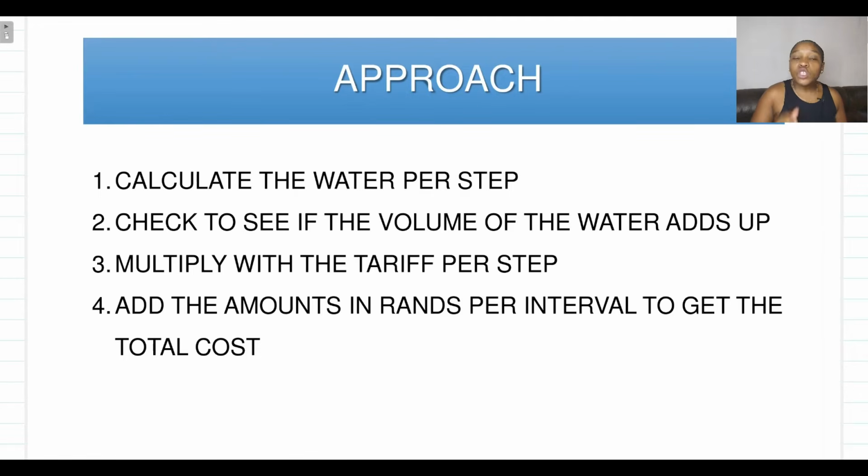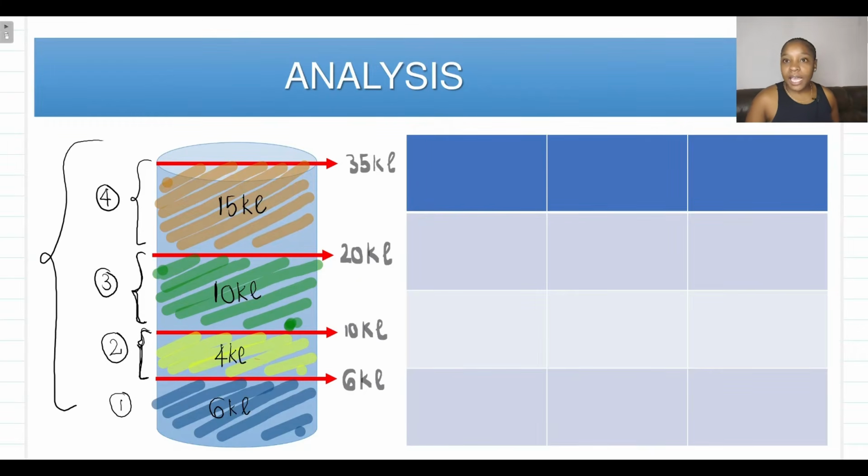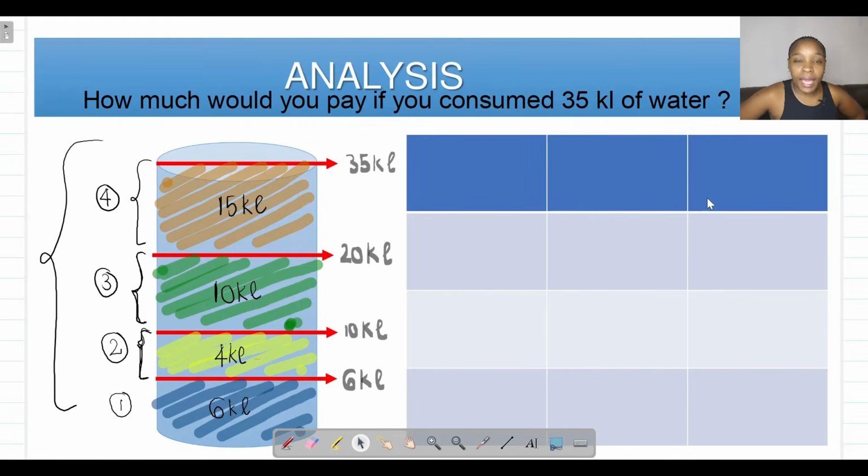Okay, so now let's put this into context and see if we can actually apply all these steps. Let's say they give us a question like, how much would you pay if you consumed 35 kiloliters of water in your household? In our approach, the first thing we need to do is determine the amount of water that is used in each step.